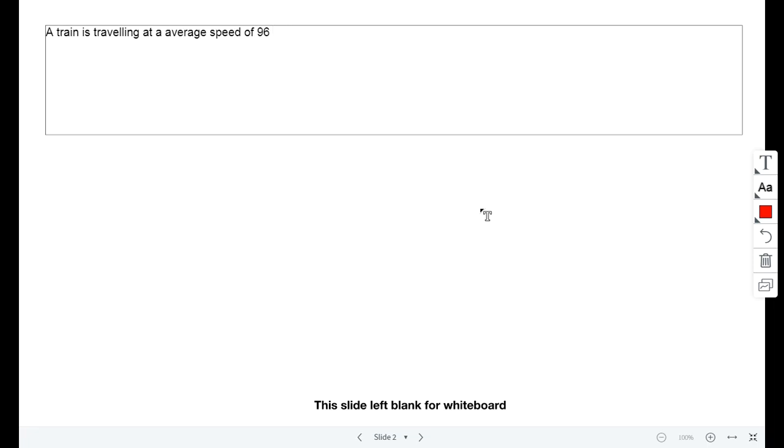After that, it says km and then a dash, I think. Kilometer per hour. And then it says: what is the total distance traveled after A, 3 hours, B, 5 hours.